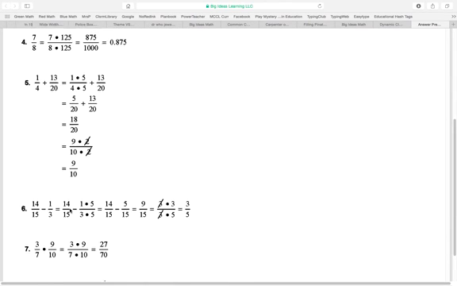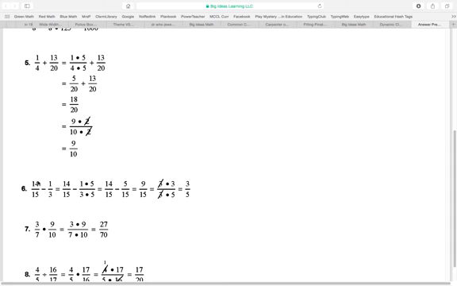Okay, let's look at number 6. The problem is 14/15 subtract 1/3. So we have to find a common denominator for the 15 and the 3. And the common denominator would be 15. So all you have to do is change the second fraction.